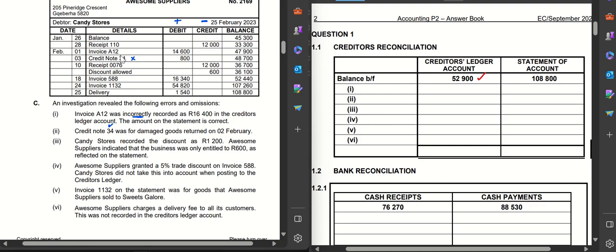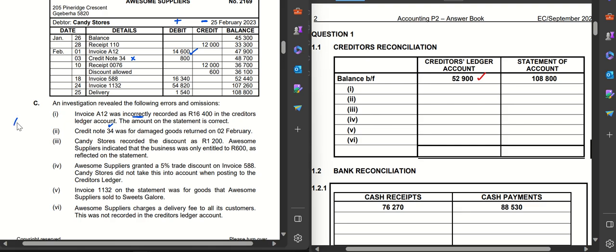So we come here, we look for 812. 812 is 14,600. So they're telling us that the statement is correct of having 14,600, but the amount that was recorded, which is 16,400 in the ledger, is incorrect.